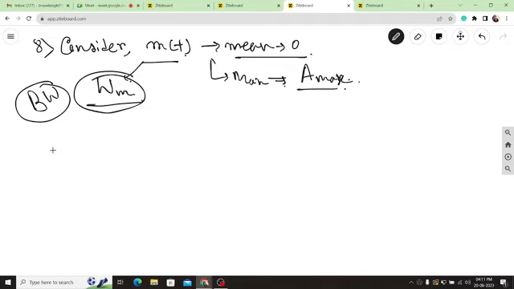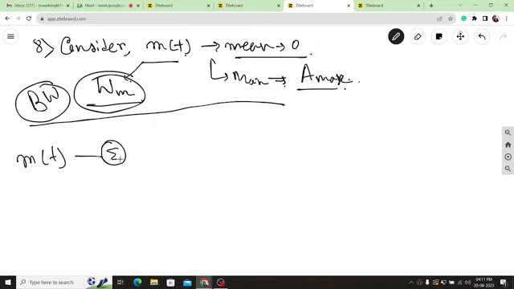So we have an m(t) of these characteristics, and this m(t) first goes through an adder circuit with cos omega c t.